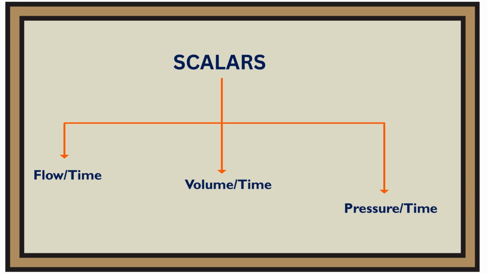Any single variable displaced against time is known as a scalar graphic. The three components that make up the ventilator graphics, flow, volume, and pressure, are plotted against time.